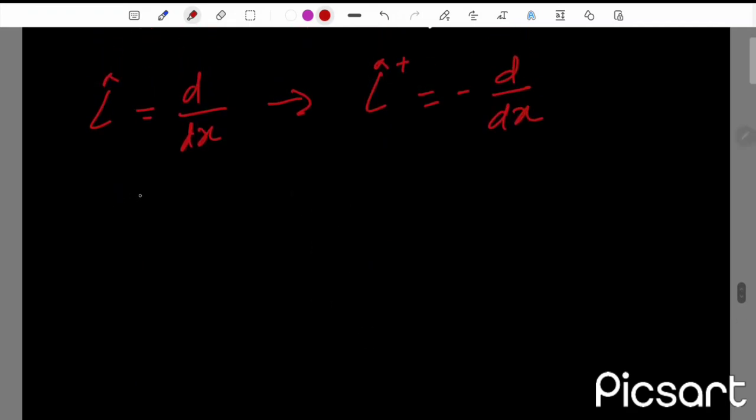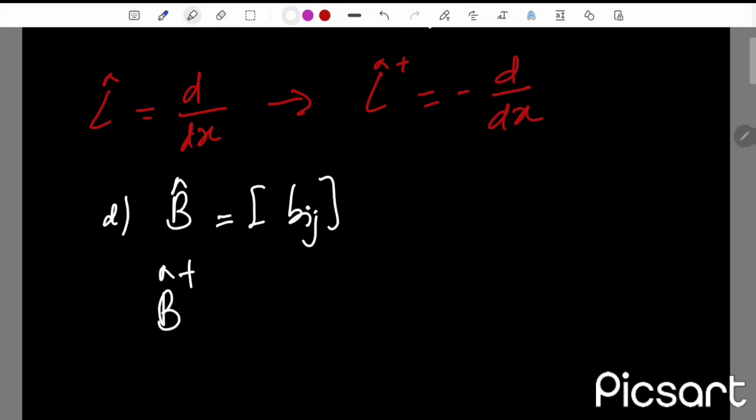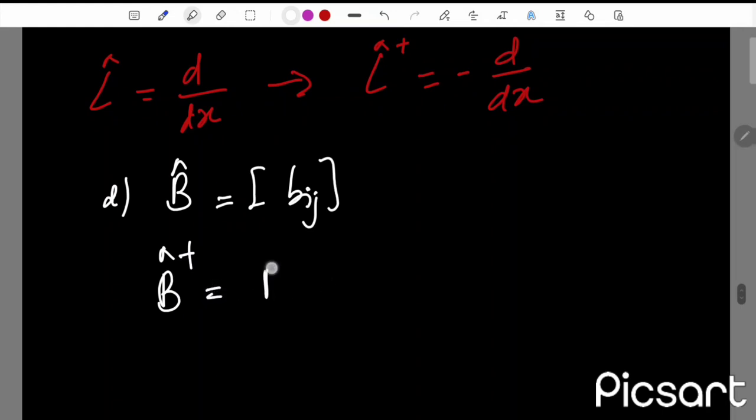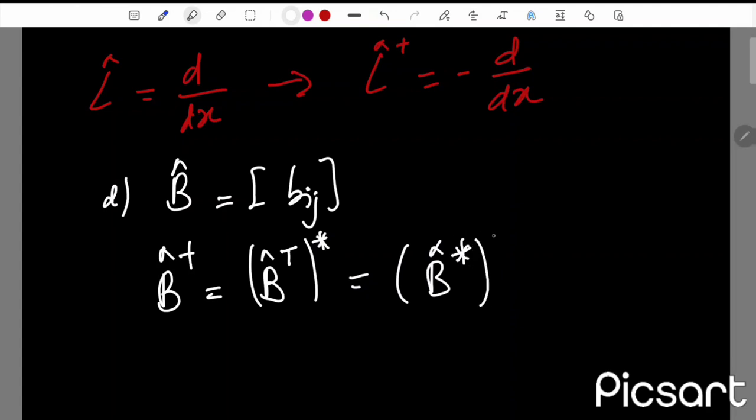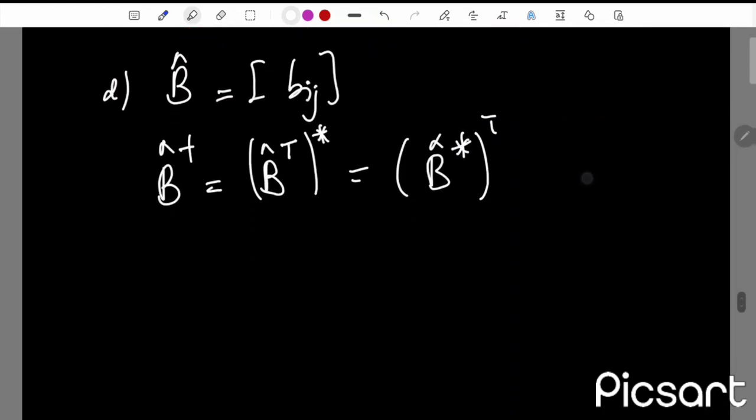For a matricial operator, if we have B as the matricial operator with elements Bij, its conjugate operator is actually the transpose of the matrix, and then we take its complex conjugate, or we can also say it's equal to the complex conjugate of the matrix B, and we take the transpose of the matrix.